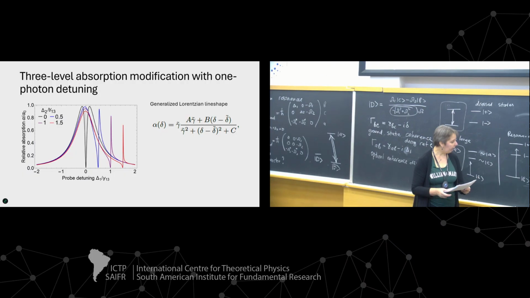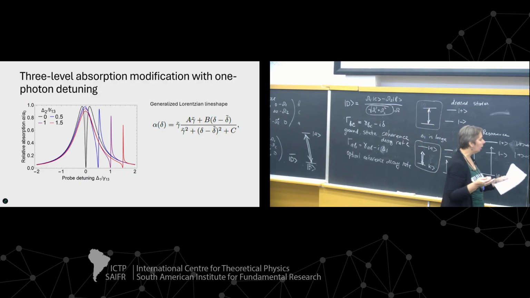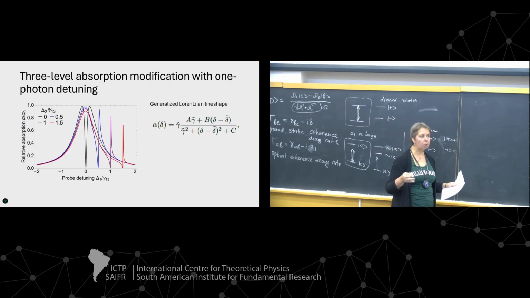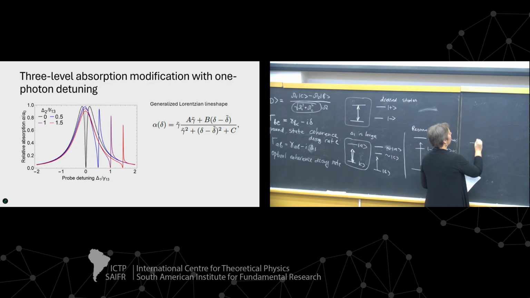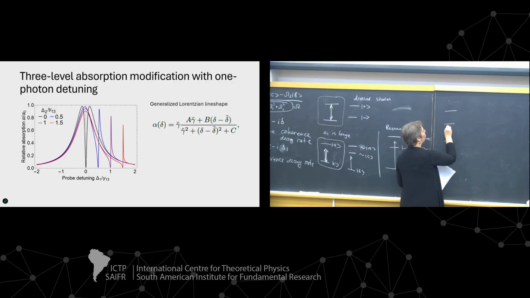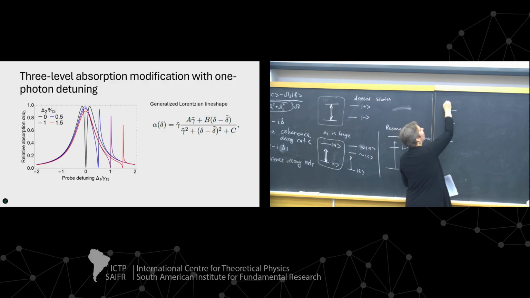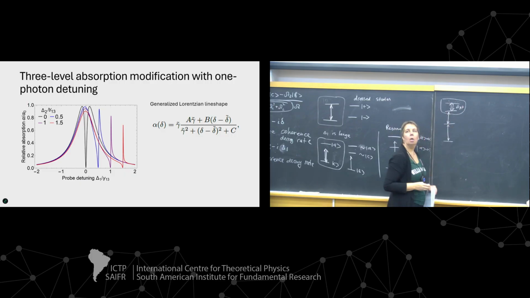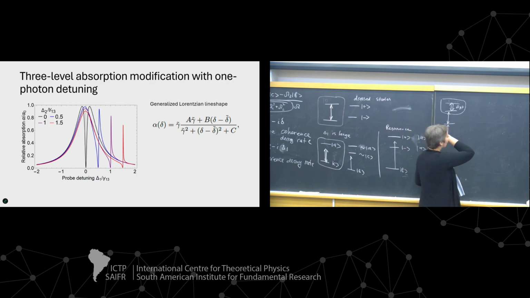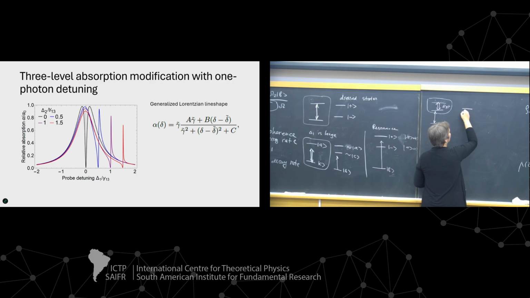OK. And also where the dressed state picture becomes important is, I think I mentioned yesterday, for the radio frequency detection with Rydberg EIT. Because in this case, typically, they're working with two-photon EIT, where they have not the lambda system, but they're going up this way. And this is the RF field they're trying to detect. The way the experiment is done is that this becomes our black box. We have two Rydberg states, which are coupled by the RF frequency. So instead of the states, we see the dressed states.